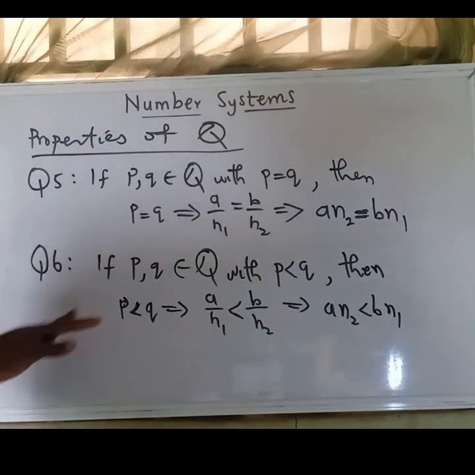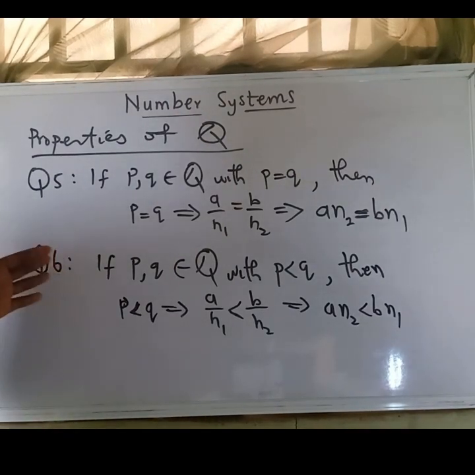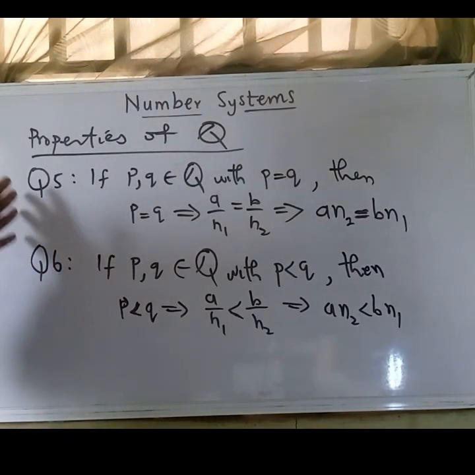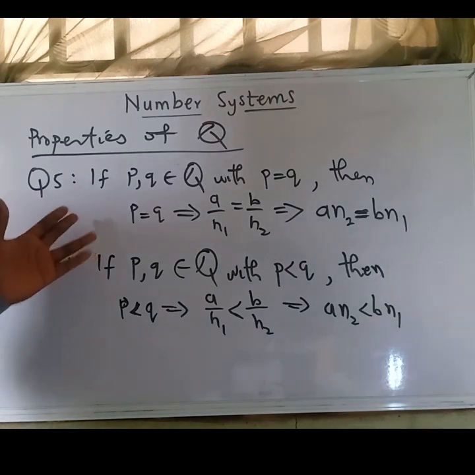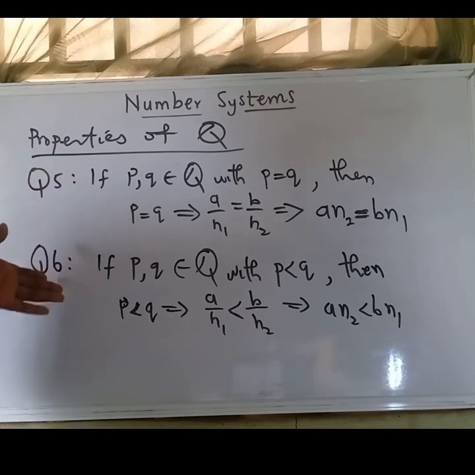So this is about the ordering under the rational numbers.